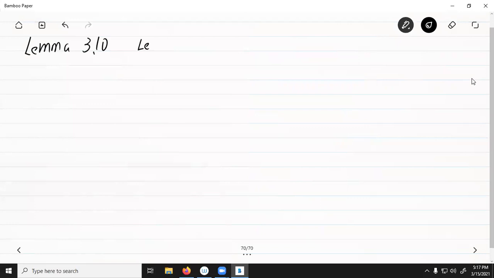Let function f from a closed interval [a, b] to R be a continuous function. That means the domain is a closed interval.